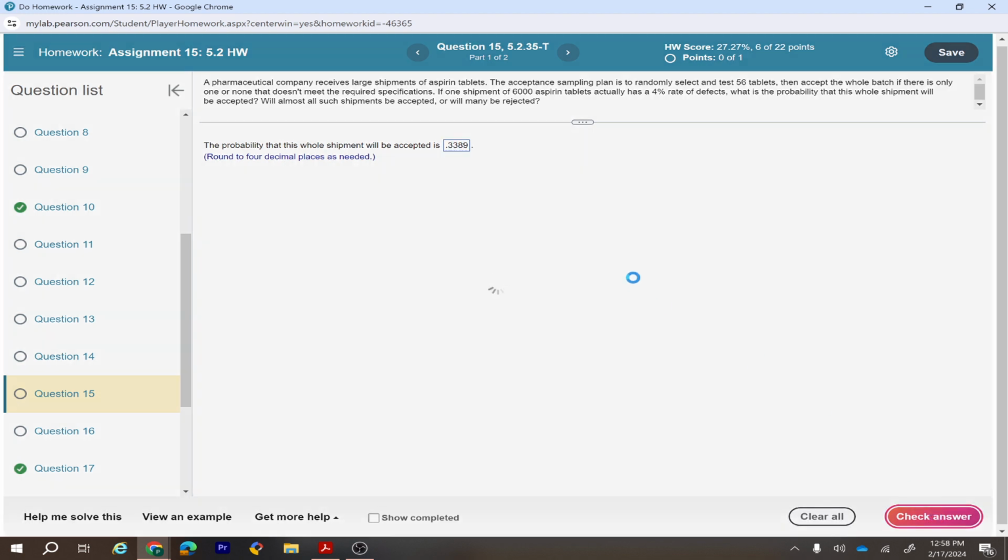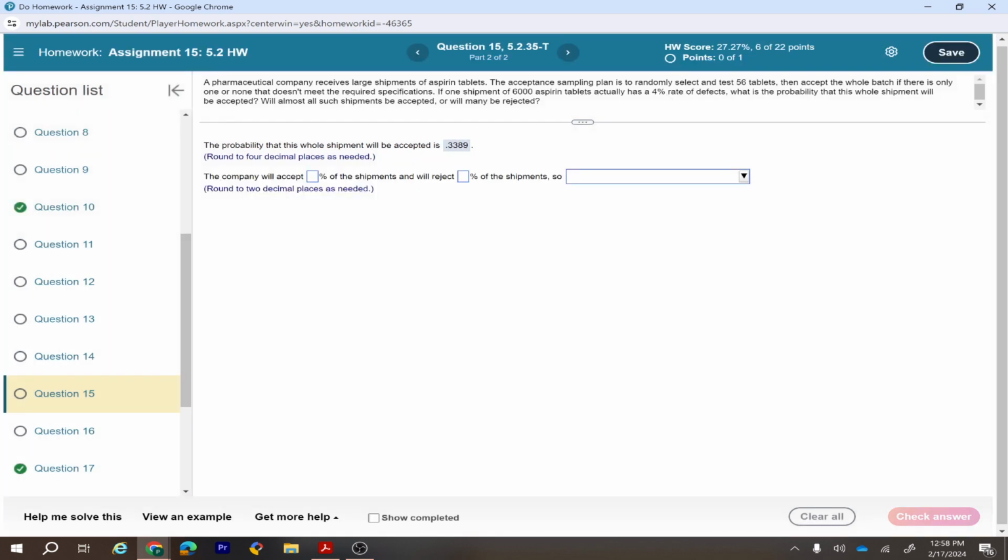Remember, I use this probability of failure as the probability of success because finding 0 failures or 1 failure is actually our success.